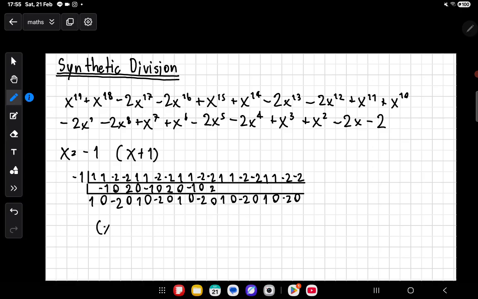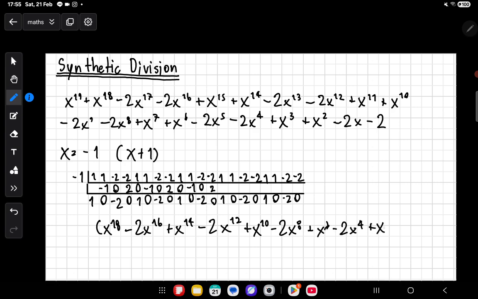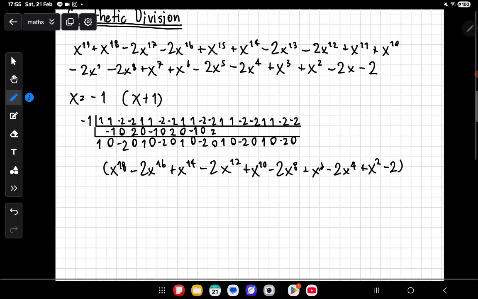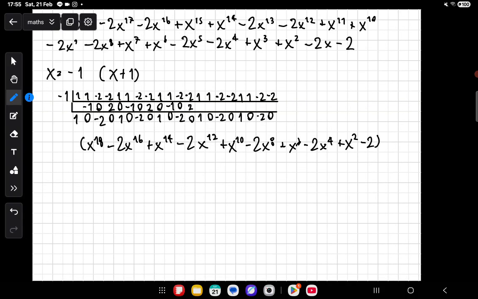First it's x to the power of 18 minus 2x to the power of 16 plus x to the power of 14 minus 2x to the power of 12 plus x to the power of 10 minus 2x to the power of 8 plus x to the power of 6 minus 2x to the power of 4 plus x squared minus 2.